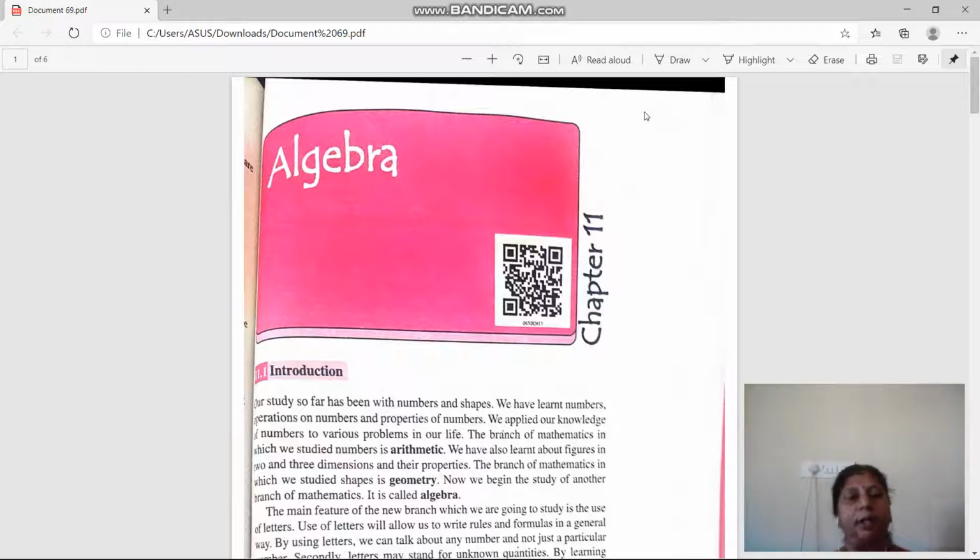Then the branch where we study about shapes is geometry. And the new branch which studies mathematics with the help of letters is called algebra. Now let's see what we study in algebra.